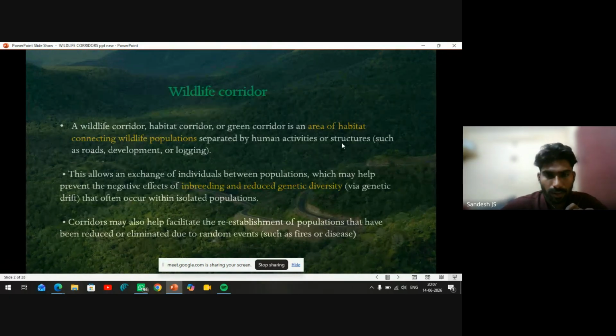When a population is suffering, or if the forest patch is having a wildfire or a disease outbreak, the population can migrate to another place. If it's in an isolated state, they will definitely die. They can't survive there. So this wildlife corridor acts like a bridge or a link so that they can migrate to other habitats to survive.